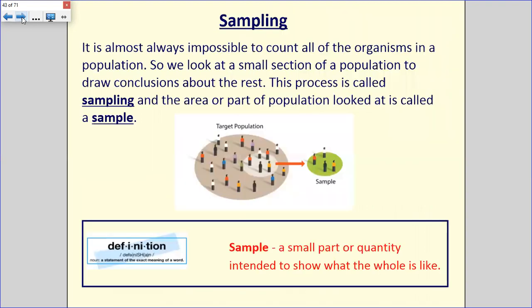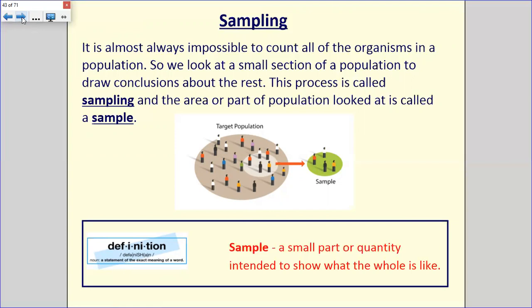So instead, scientists use a process called sampling. This is basically where they look at a small section of a population, and then they use that information to draw conclusions about the bigger population. An example of this, if you walk down the high street, you might see somebody with a clipboard coming towards you, or your parents, asking for their opinion.